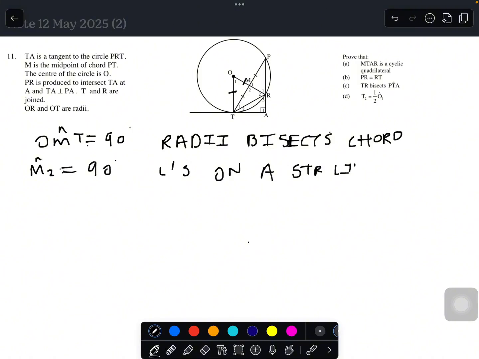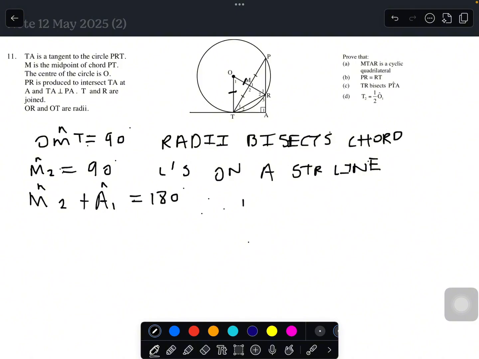So we now know that that entire section has a bunch of 90 degrees. Since we know that M2 equals 90 and A1 equals 90, if you add A1 and M2, you'd get 180. So we're going to write that down: M2 plus A1 equals 180 degrees.